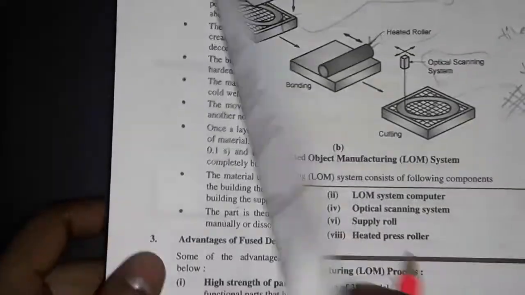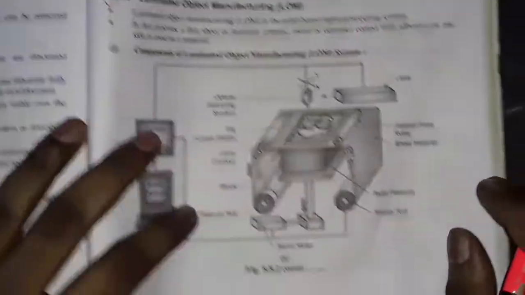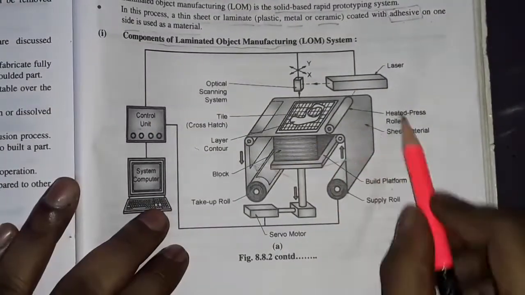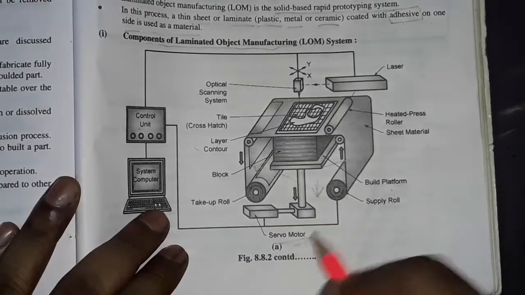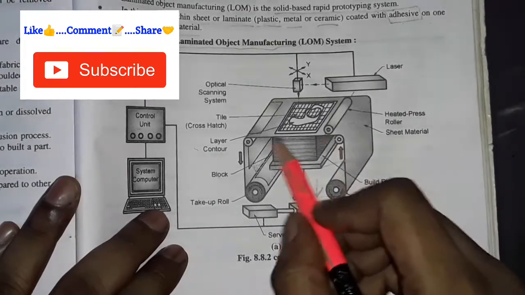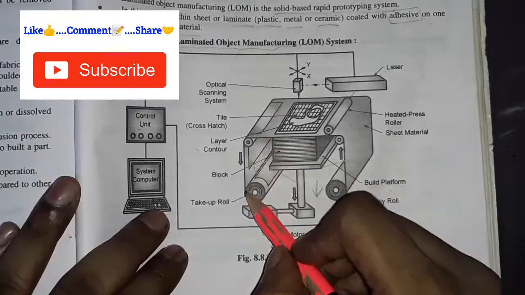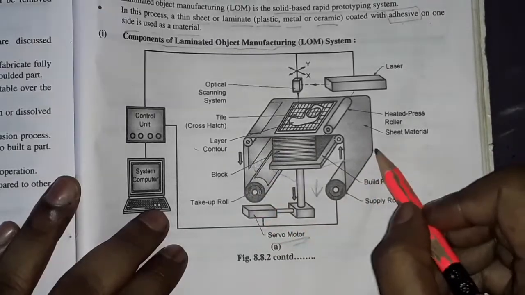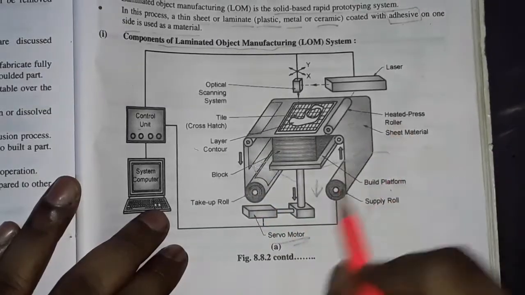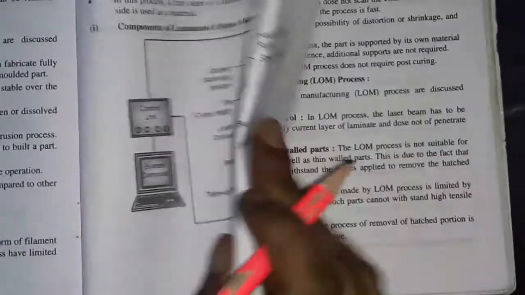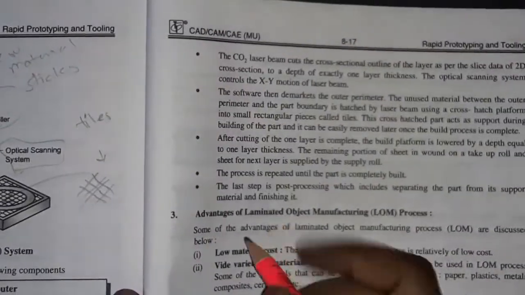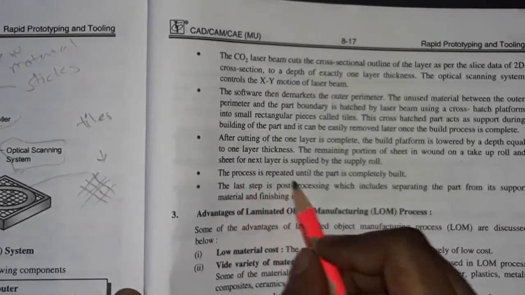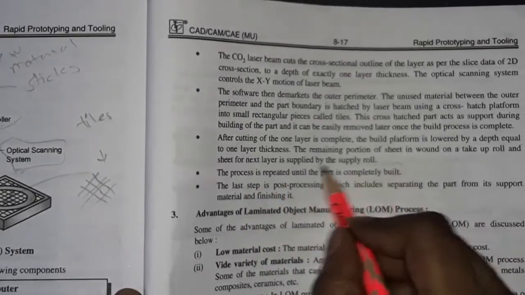In this diagram, after completing one layer, the build platform lowers with the help of the servo motor, the used material goes to the take-up roll, and a new layer of material is supplied by the supply roll. The process is repeated until the part is completely built.